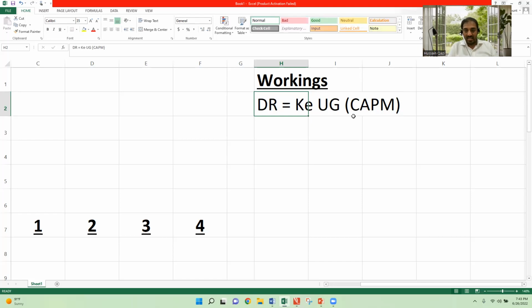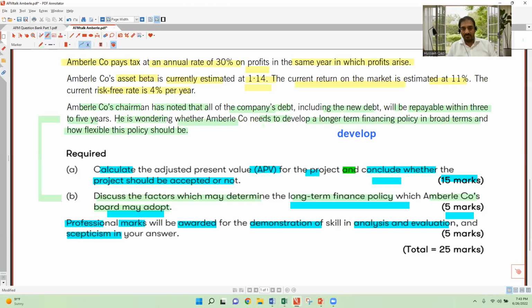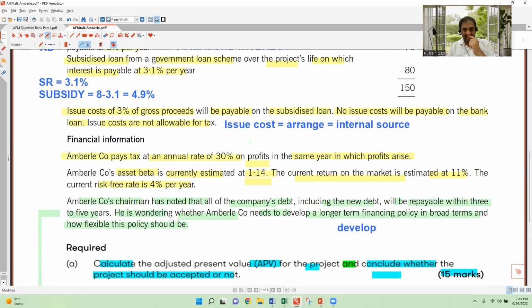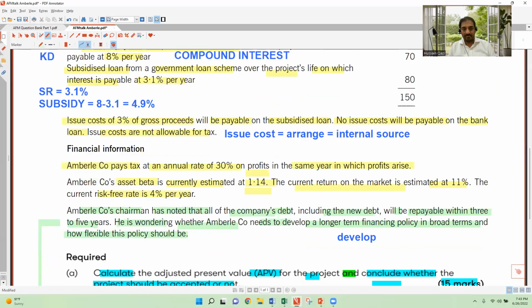It is possible that the examiner asks you to use Modigliani Miller proposition 2, but here that's the discount rate KE ungeared. So very simple. Beta asset is given in the question. How much is the beta asset? The beta asset is 1.14.